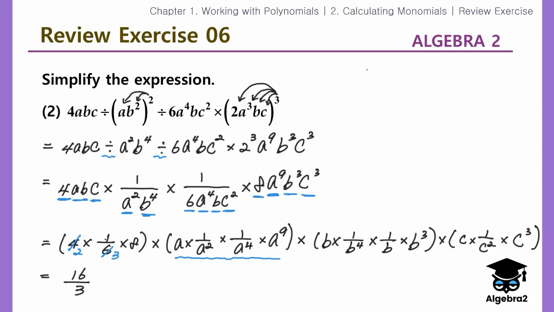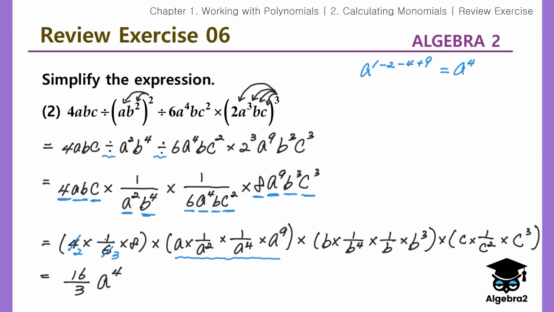That's going to be a, 1 minus 2 minus 4 times a to the 9, that's plus 9. So that's going to be, what is it? 1 minus the negative 1, negative 5, that's a to the 4, right? So we have a to the 4.